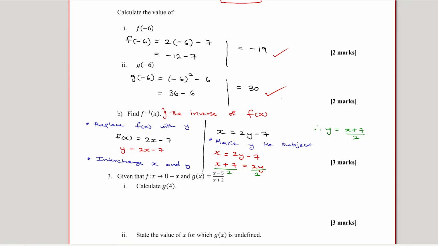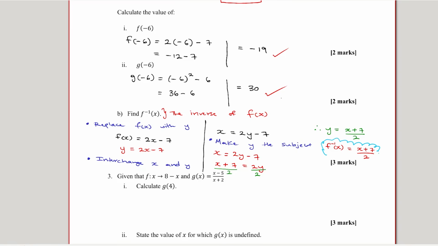So once we make y the subject, all we need to do is simply replace this y here with f inverse of x. Once we make y the subject, we're done. X plus 7 over 2. So this would be the inverse of the given function.